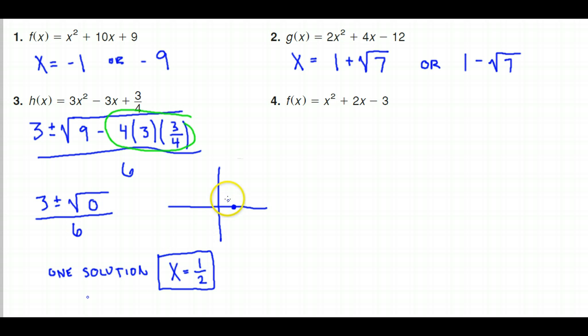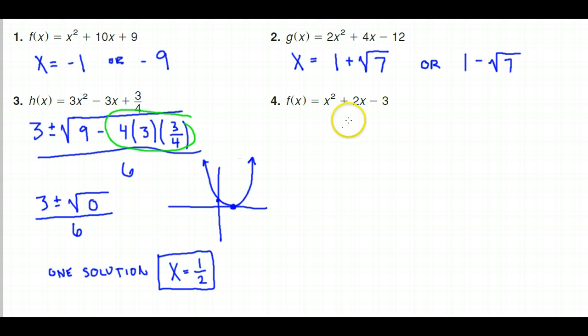Excuse me, I said y-intercept, I meant to say a vertex of 1/2, 0, and it opens up. It has a y-intercept of 3/4, so it's going to cross somewhere around here, and the vertex just touches the x-axis, so it only has one solution, or one 0, or one root, and that's at the value x equals a half. So there's number 3.